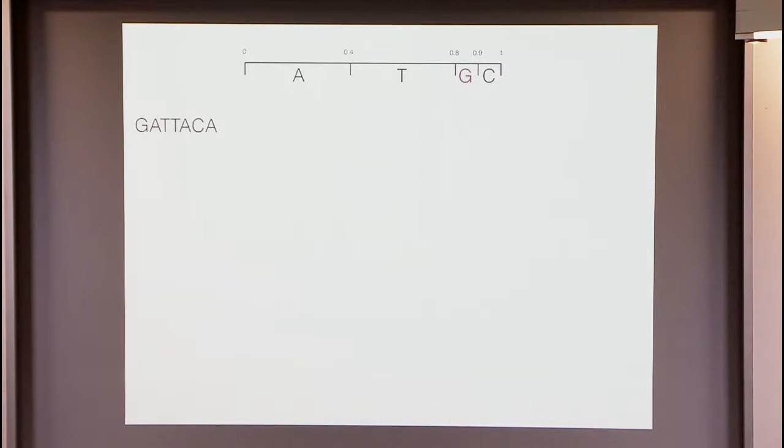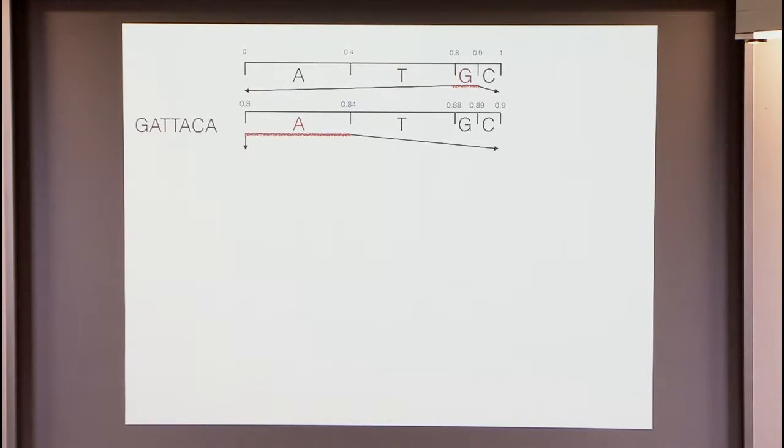So we're going to start there and expand that range, essentially map that range back to the whole interval again, and say that, well, now for our second letter, A is going to be in the range 0.8 to 0.84, T from 0.84 to 0.88, G from 0.88 to 0.89, and C from 0.89 to 0.9. So this whole range fits within this little window. And since the second letter is A, we choose A, and we're going to recurse, do the same thing. And now our new window is 0.8 to 0.84.